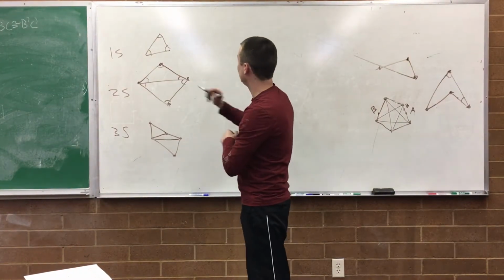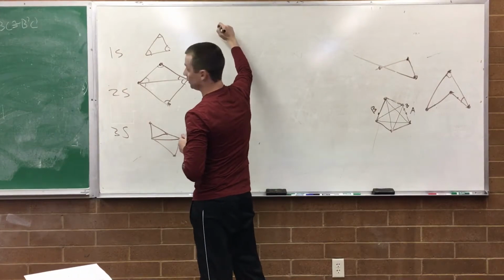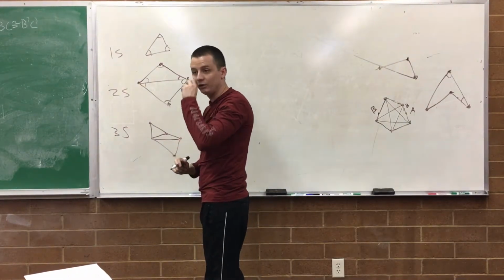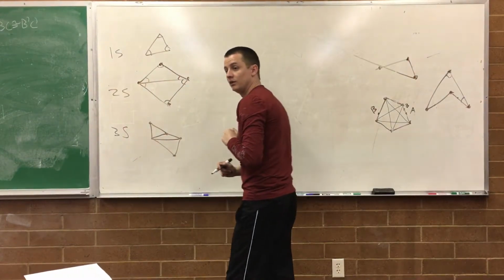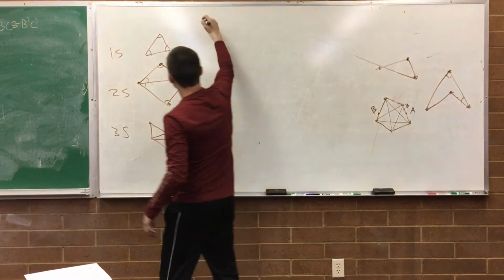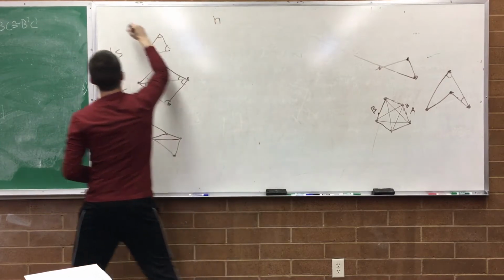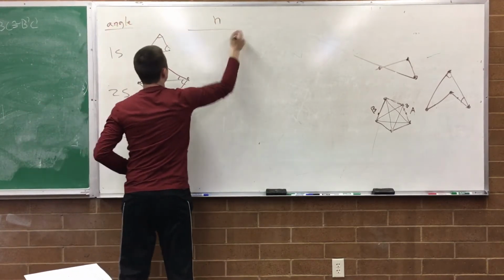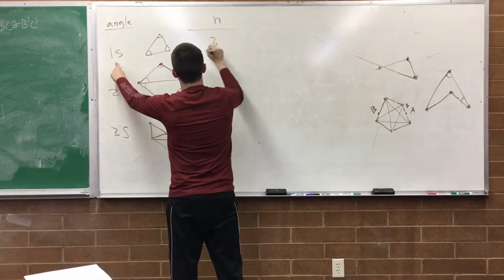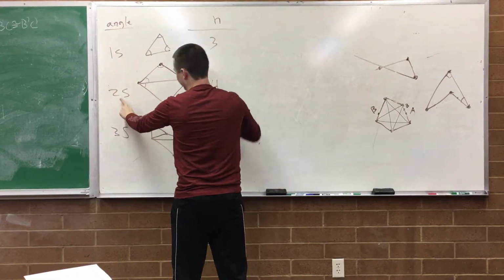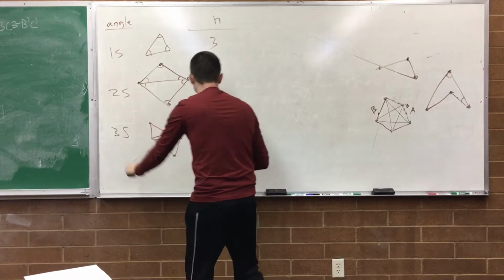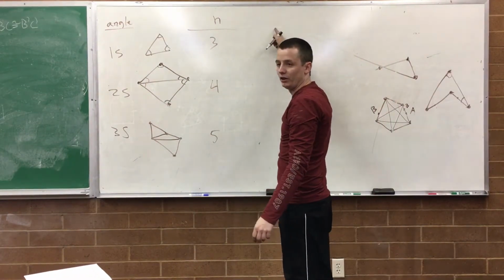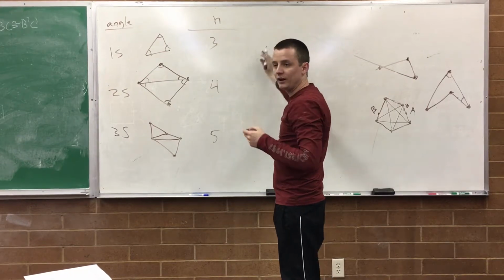But in general, if I have an n-sided polygon, then how many straight angles does it have? So when n was 3, we had one straight angle. When n was 4, we had two straight angles. When n was 5, we had three straight angles. So if I have an n-sided polygon, how many straight angles?